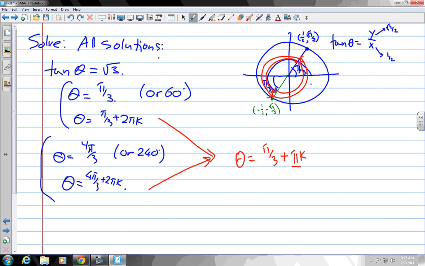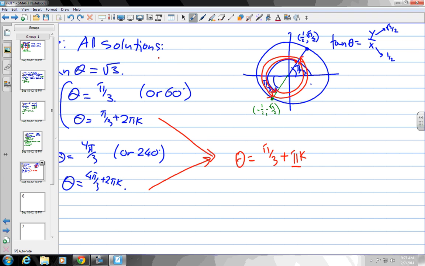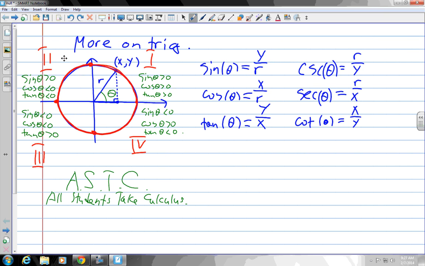Because tangents can be the same when they have the same sign, so they're either both negative or both positive. They're always going to be opposite of each other. The difference between those two points is going to be 180 degrees. So the period of tangent is just pi.